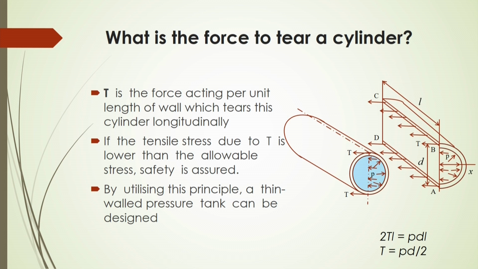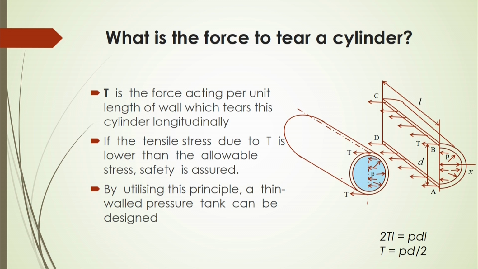Now, what is the force to tear a cylinder? This is also an important pressure characteristic exerted by the liquid. If we consider T as the force acting per unit length of wall which tears this cylinder longitudinally, and the tensile stress due to T is lower than the allowable stress, then safety is assured, and by utilizing this principle a thin walled pressure tank can be designed.